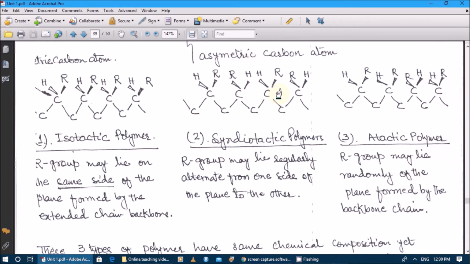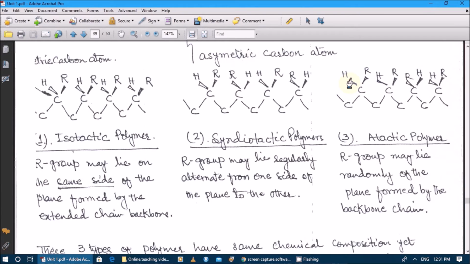Okay, so this is also a type of structural regularity, alternation between the R and H atom. So this type of polymer also has stereo regularity. And the third type of polymer is atactic polymer. In case of atactic polymer, there is no sequence in the orientation of H and R group.